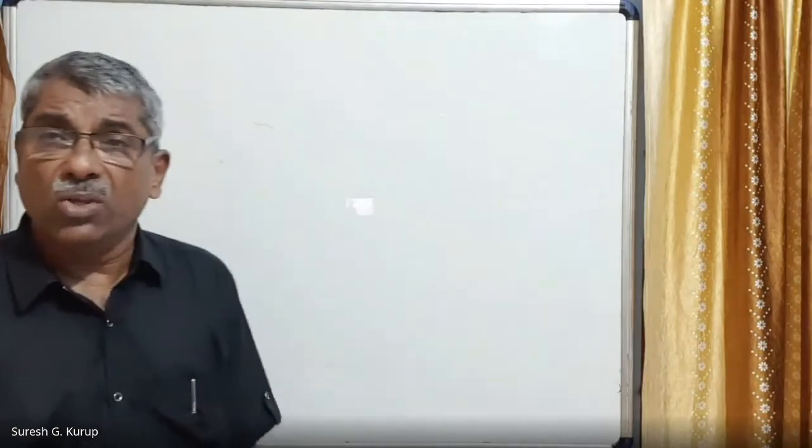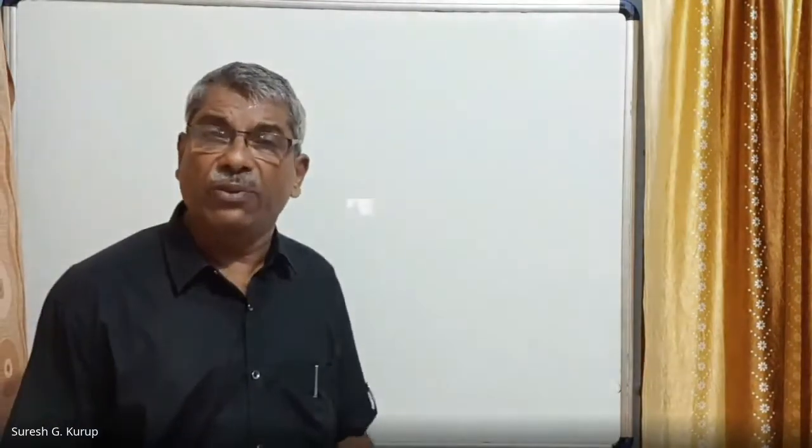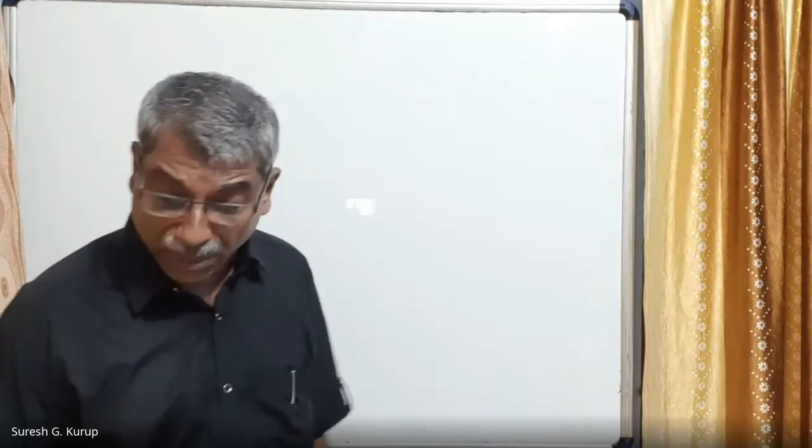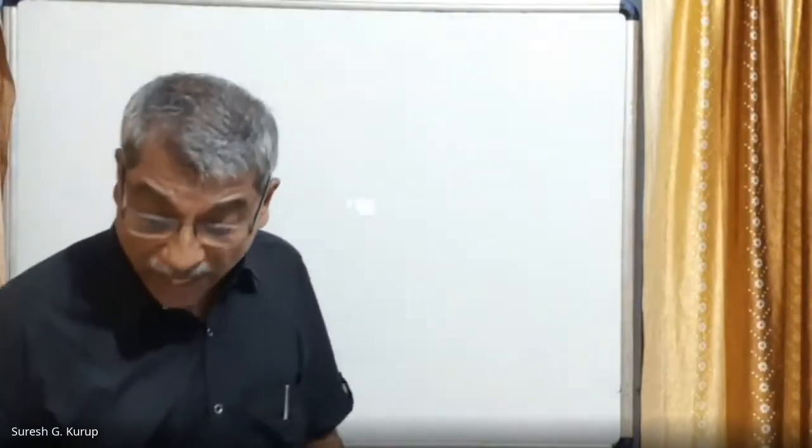Next is velocity. Velocity is also a physical quantity. It is defined as the rate of change of displacement. What is speed? That is the time rate of change of distance traveled.